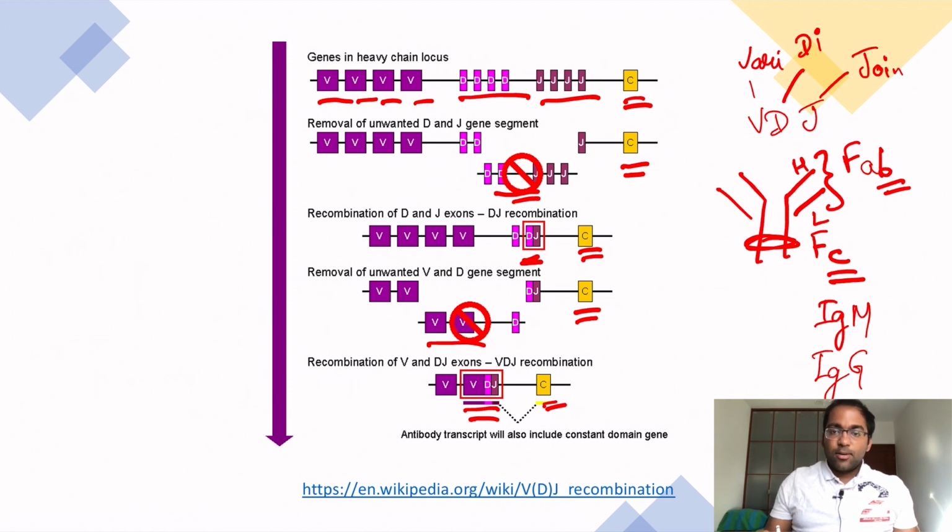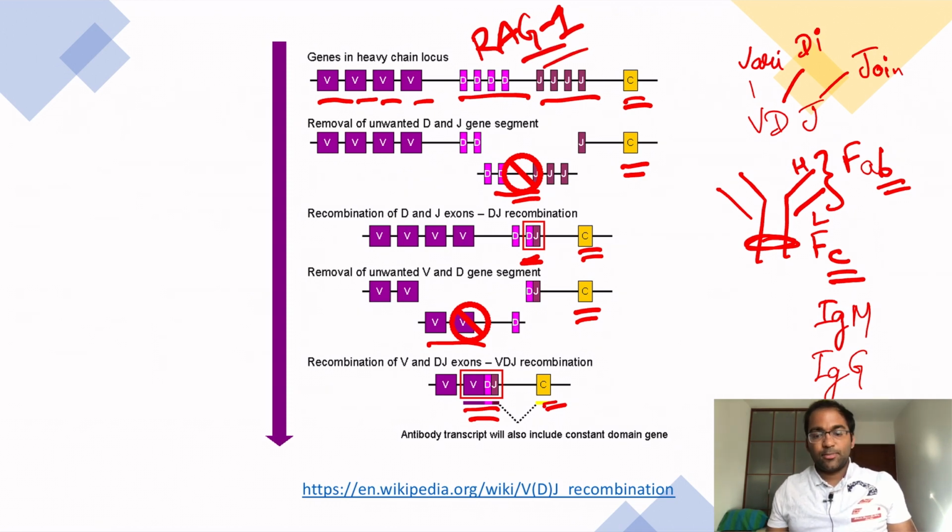Now this deleting and combining process is mediated by a special gene, and the name of that gene is the RAG gene, specifically the RAG1 gene. Now this is high yield to know for your step exams, because the RAG1 gene is responsible for the recombination and deletion and everything. So if we don't have a RAG gene, we have a problem producing diverse receptors for the antigens out there.